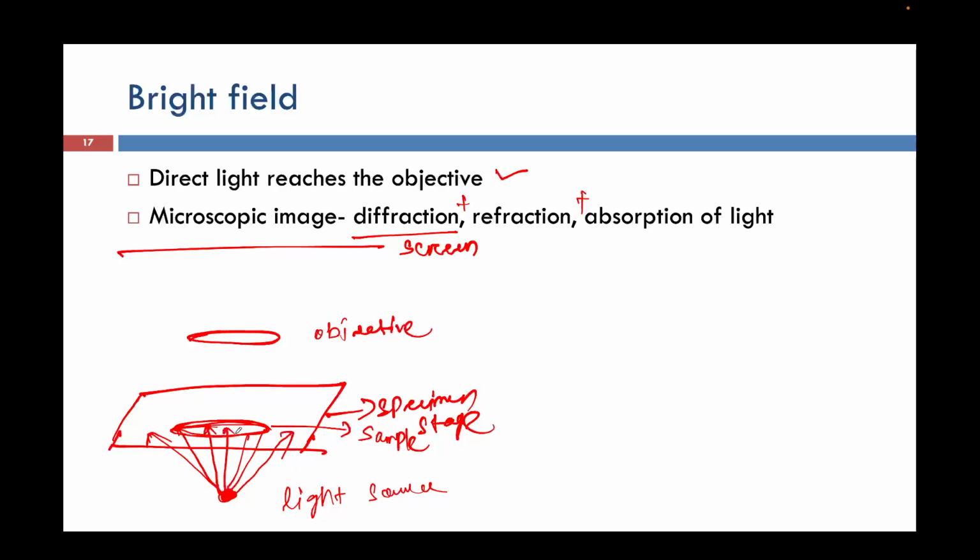After refraction from the sample, for now considering my sample to be a little bit transparent, some of my rays will be going in this direction.